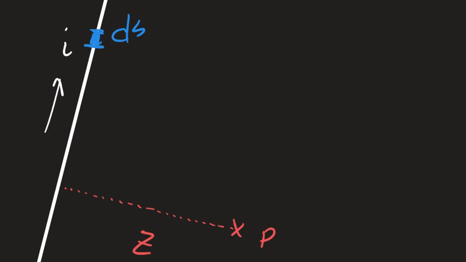From there, I'd say that's our distance from point P to ds, and that's dr, r hat. r hat would be that arrow there. And the direction of ds that way.